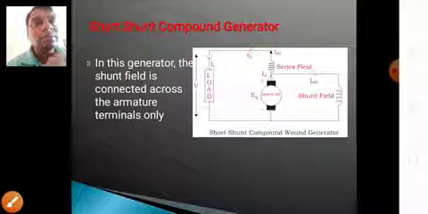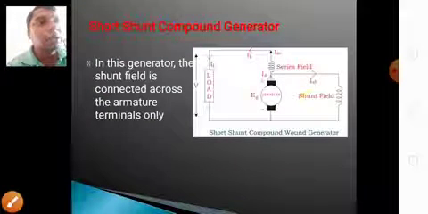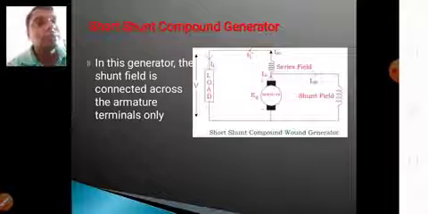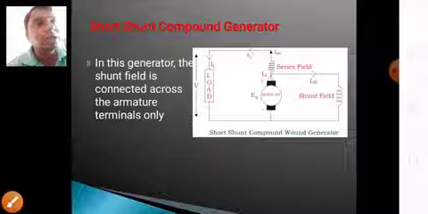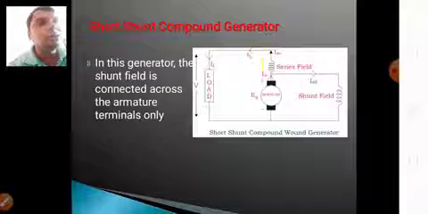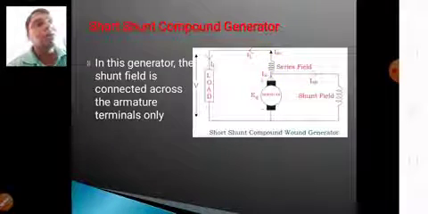The shunt field current ISH is equal to V plus ISC RSC by RSH, because of the drop across the series field: V plus the ISC RSC drop, divided by RSH.